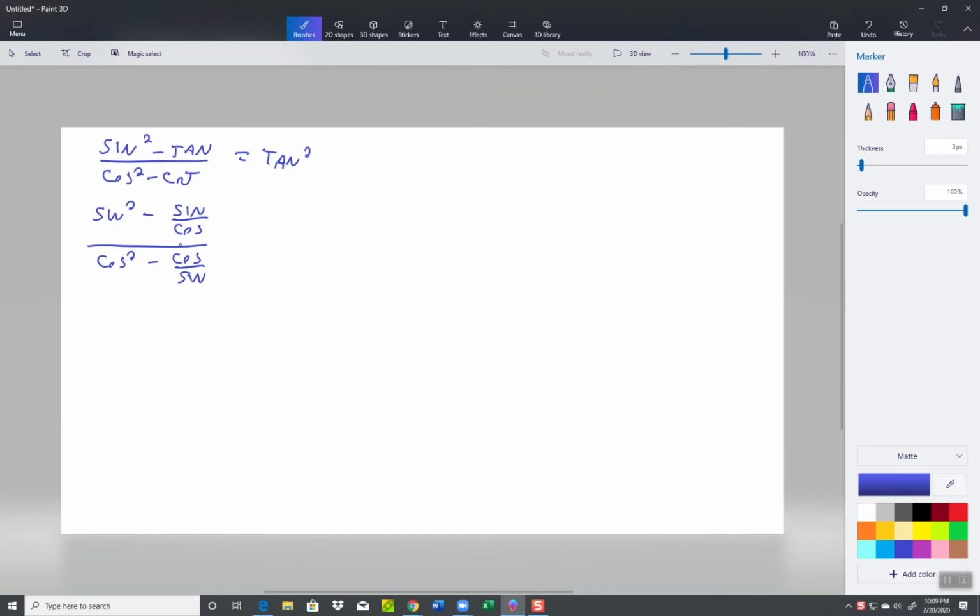So let me multiply all of the top by cosine, all of the bottom by sine. See where that heads. Okay, so multiply the top part by cosine.